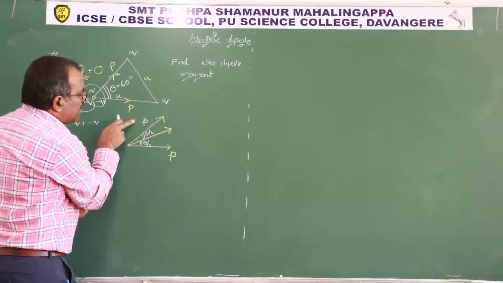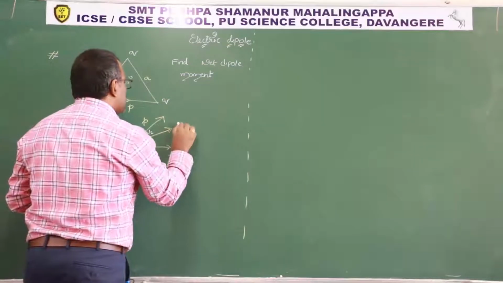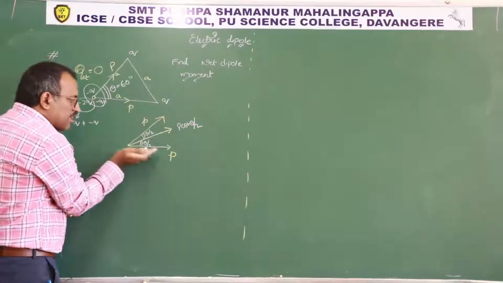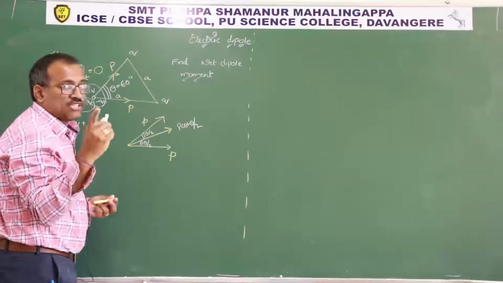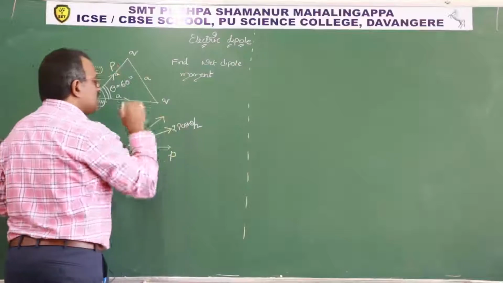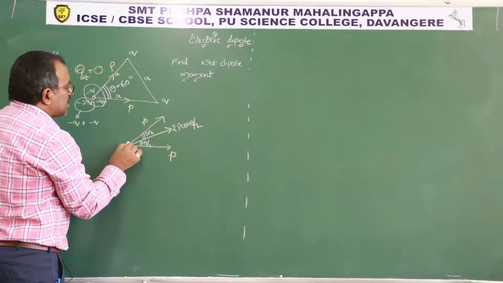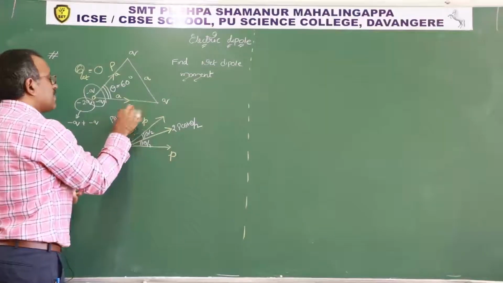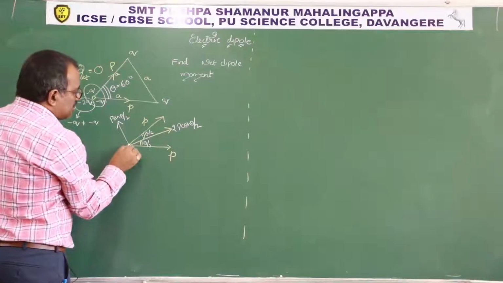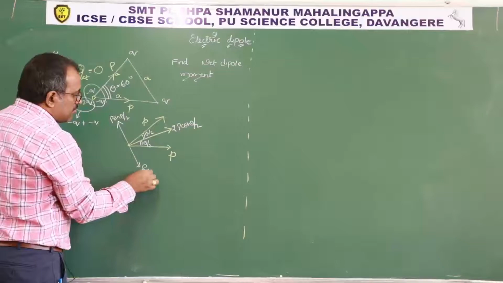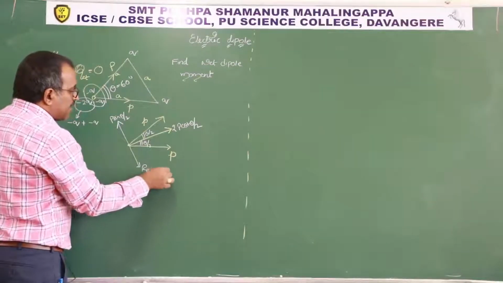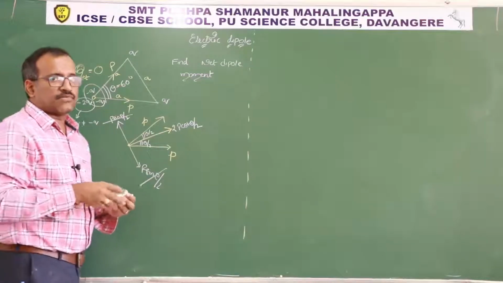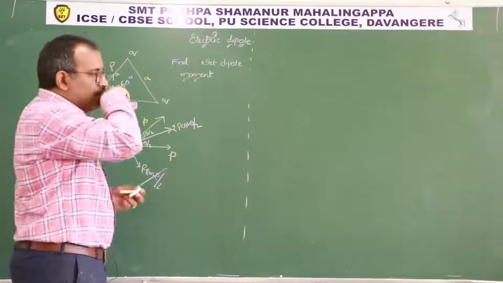So here the touching side will be P cos theta by 2, and one more touching side will be P cos theta by 2. Hence total is this. What about the non-touching side? This is P sin theta by 2, and this is also P sin theta by 2, where both will get cancelled.